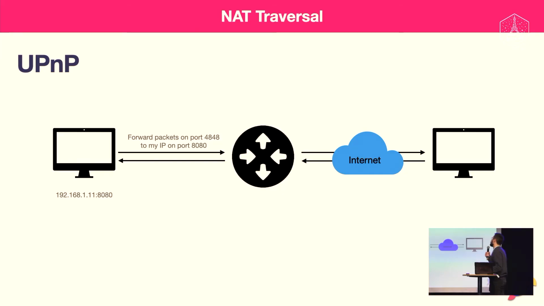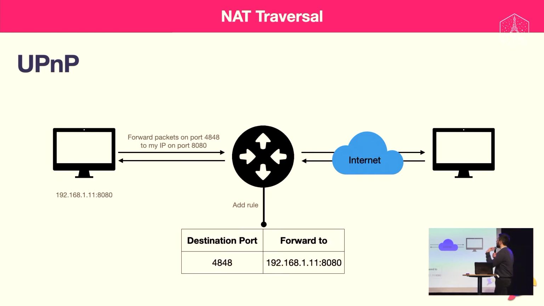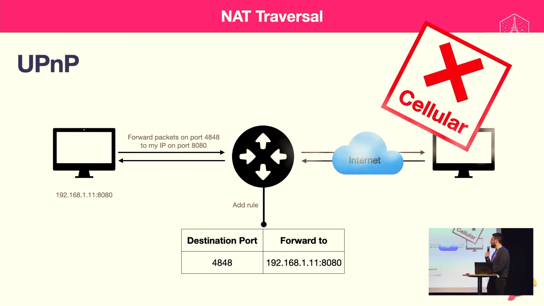So you will forward, for example, packets on port 4848 to my local port 8080, and you will ask your router to add a rule to forward the destination port to your local port on your local computer. So this obviously doesn't work on a cellular connection, of course. Or maybe I'm wrong, but I think this doesn't exist in the cellular world.